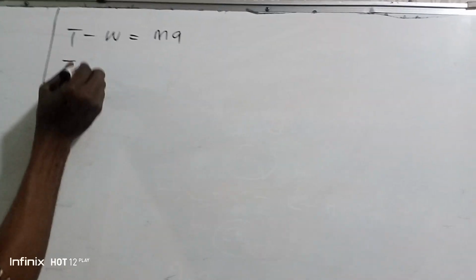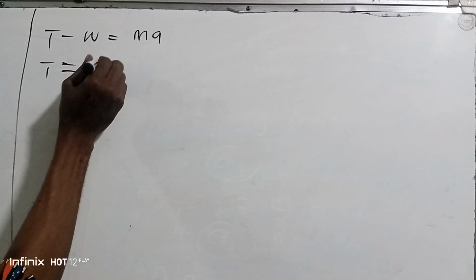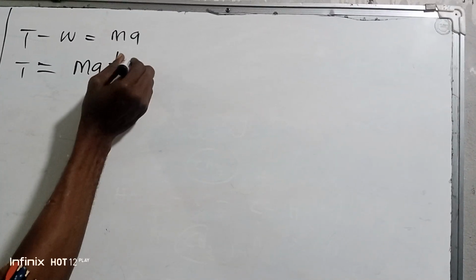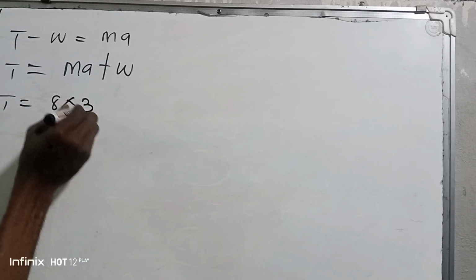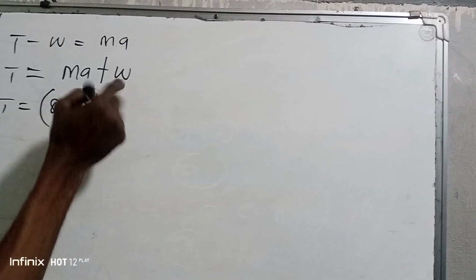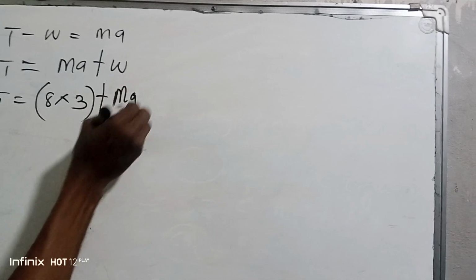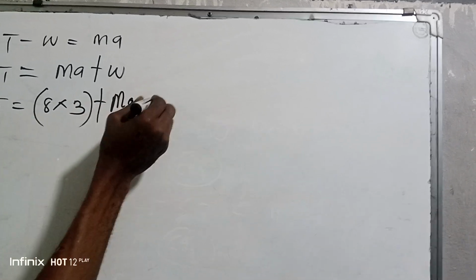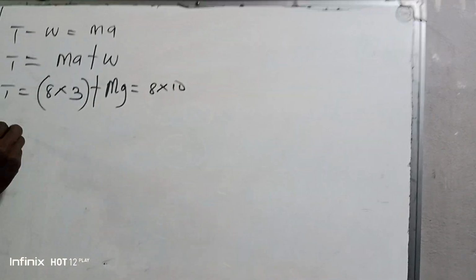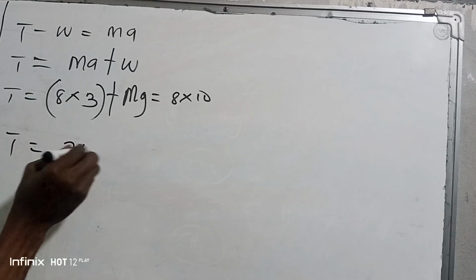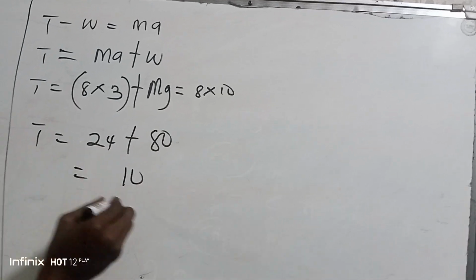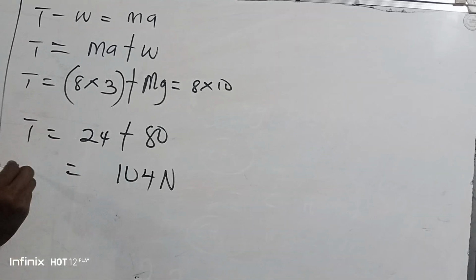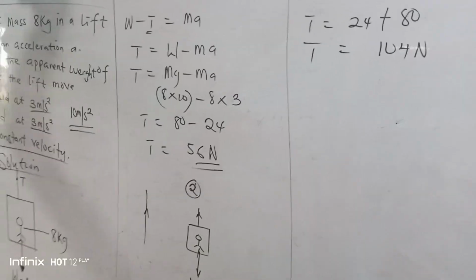The tension T will be equal to mass times acceleration plus the weight. Tension will be equal to mass 8 times acceleration 3, plus the weight of the man, mg, which is 8 times 10. So we have the tension as equal to 24 plus 80, and that will be equal to 104 Newton. So that is the apparent weight when the lift accelerates upward.